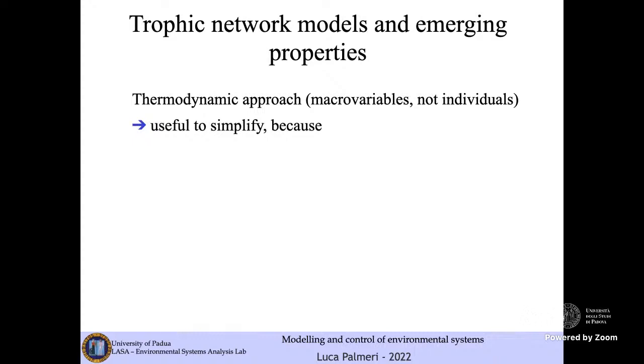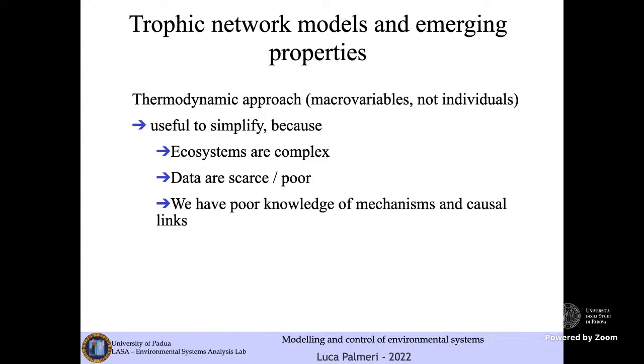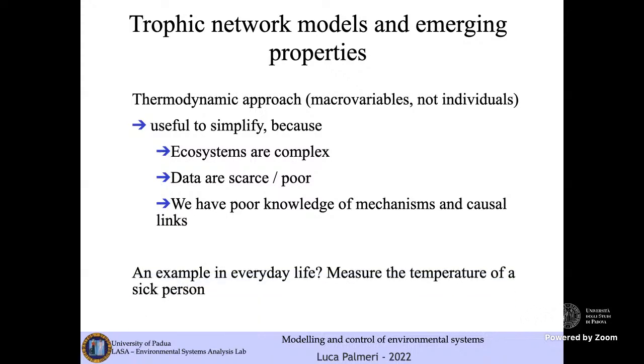It is useful to simplify our description because ecosystems are complex systems. We are in a condition of scarcity of data or data of poor quality. Often we have a poor knowledge of the mechanisms and causal links. An example from everyday life is the temperature of an organism.